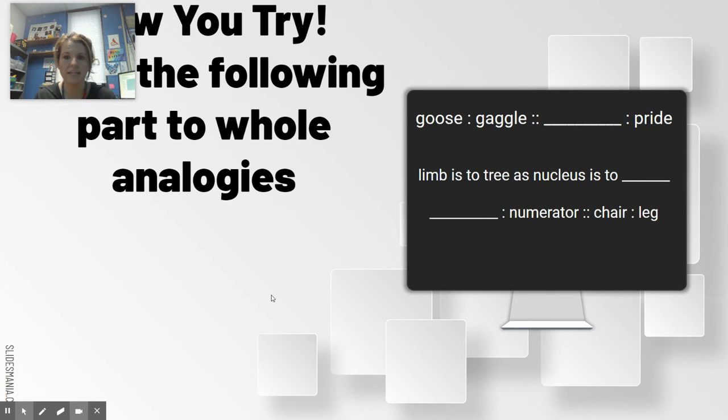A leg is a part of a chair. So a chair contains a leg, or a chair has a leg. It starts with the larger whole and it goes to the smaller part. So for the blank, I would want something has a blank, or contains a blank. What do you think you'd put in there?